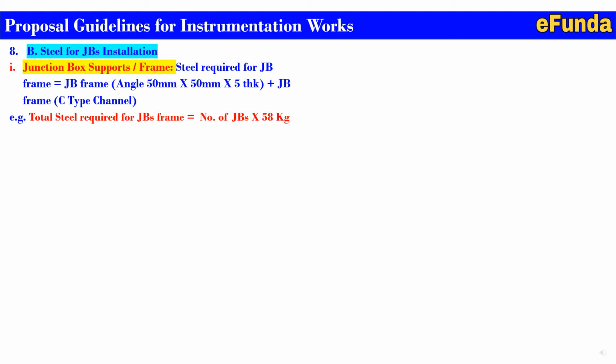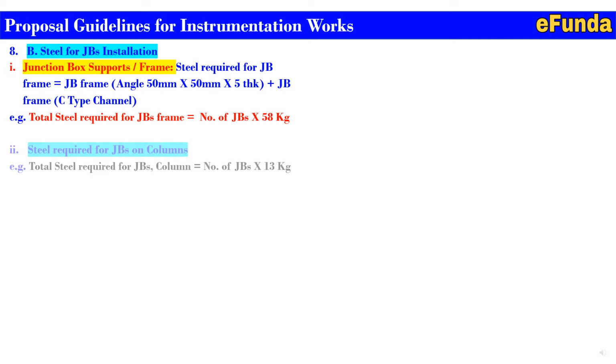One can recollect that the junction box is mounted on a C channel frame, that is a C type, and the support required for installation on the column is calculated. Total steel required for JB frame is equal to the number of JB into approximately 58 kg. This 58 kg we have calculated and given based on the requirement of the angle and C type installation.